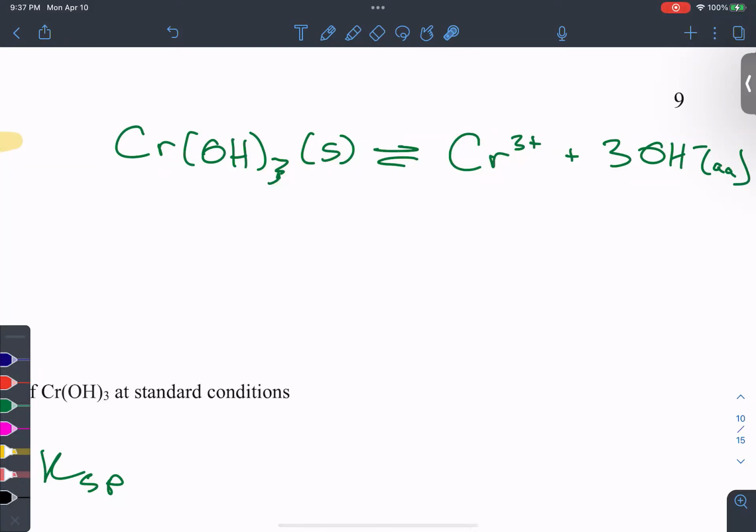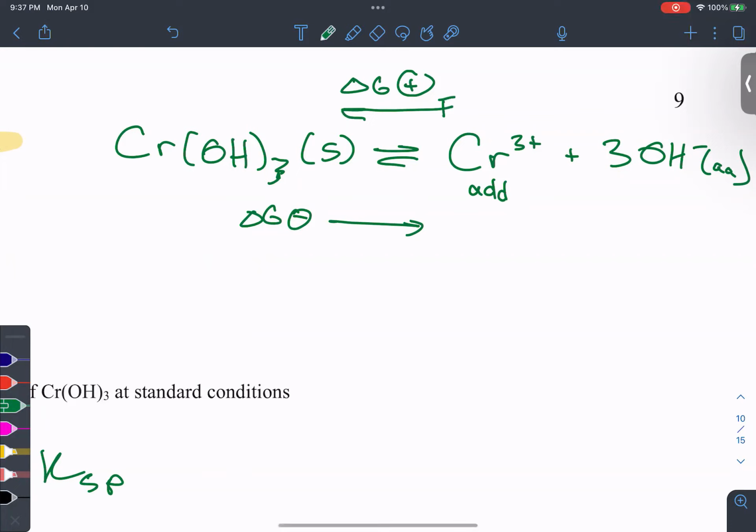So if the reaction goes in reverse, what would the sign of delta G be at that moment if I added chromium 3+? If the reverse reaction is spontaneous, delta G should be what sign? Positive, yes, because when the forward reaction is spontaneous, delta G is negative. So if delta G is positive, that means that the reverse reaction is spontaneous.